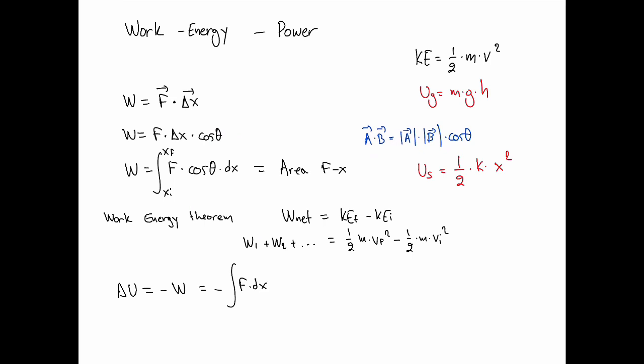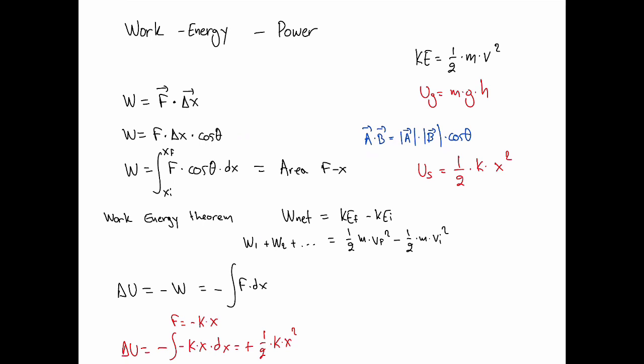For example, for the spring force, we know that it is minus k times x. If we integrate minus k times x times dx, the minus and minus cancel each other out, so we get plus 1/2 k x squared, where x squared over 2 is the integral of x.